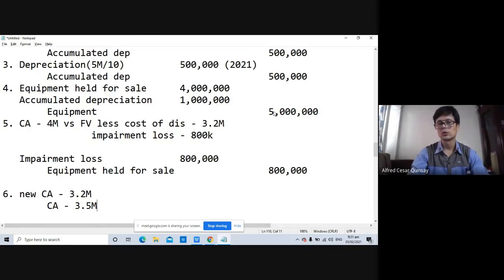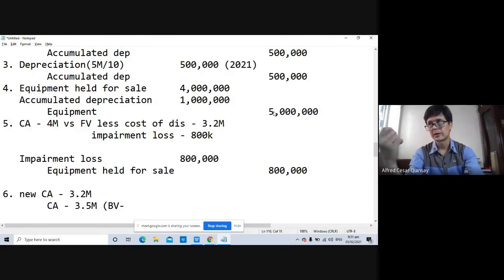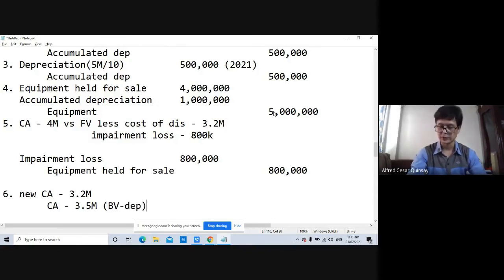less yung book value, no? Less yung carrying amount na nakalagay doon, classified as held for sale, less yung depreciation for the year, which is 500,000, no?